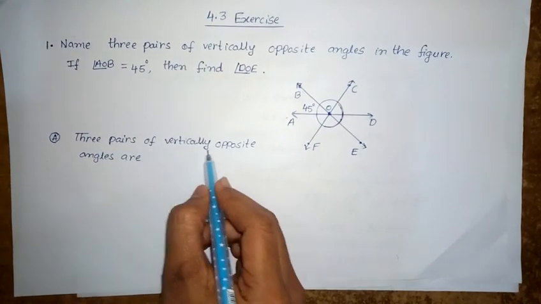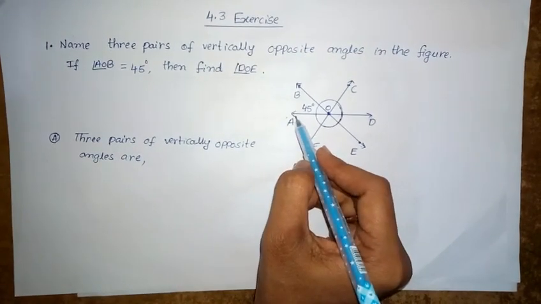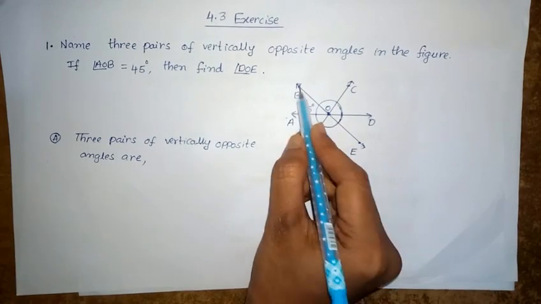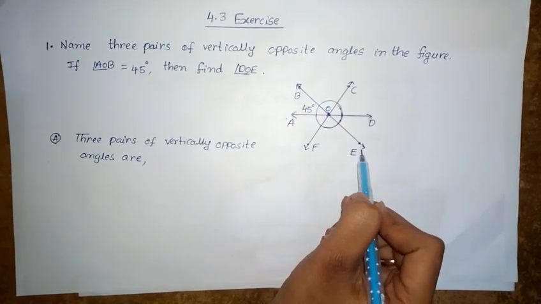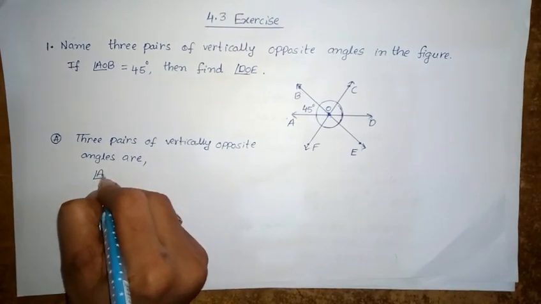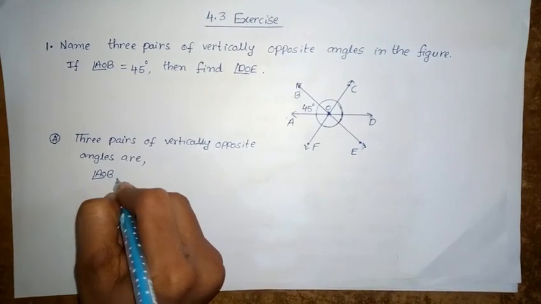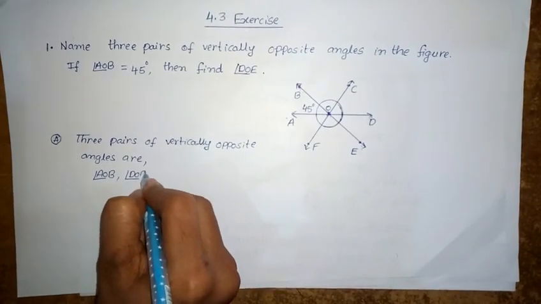The 3 pairs of vertically opposite angles are, so observe the figure, angle AOB, the vertically opposite angle is angle DOE. So this is one pair, angle AOB, angle DOE.